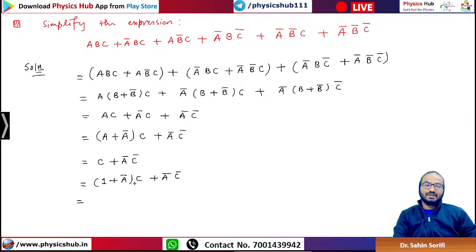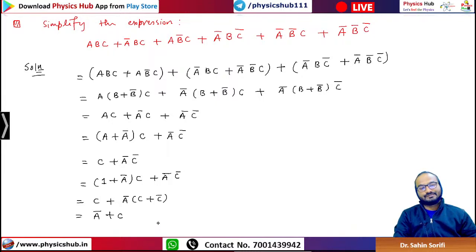Now you see we have C A complement, and here we have C complement A complement. So C remains plus A complement. If we take A complement common, we have C plus C complement, and C plus C complement is 1. 1 into A complement becomes A complement. This is the final answer.